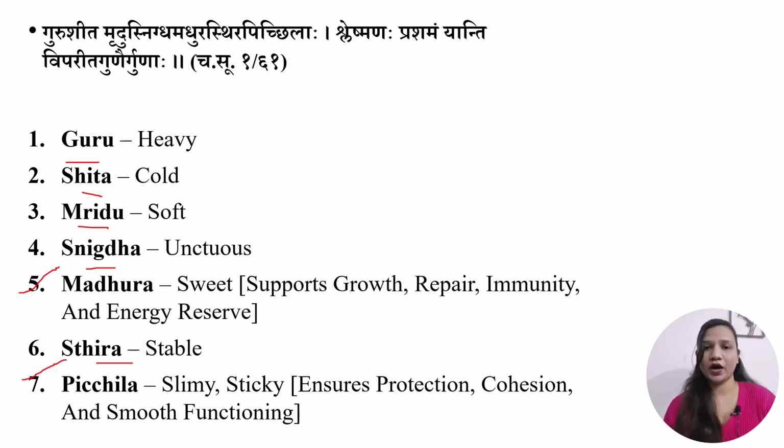According to Acharya Vagbhat, they are the same here also. The two different gunas by Acharya Sushrut, other than Acharya Vagbhat, are Madhur and Picchil. So let's discuss these two gunas only.